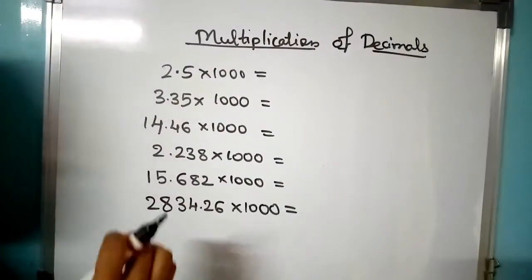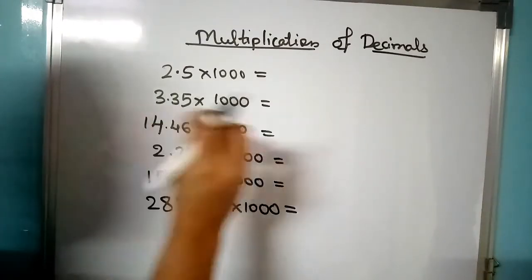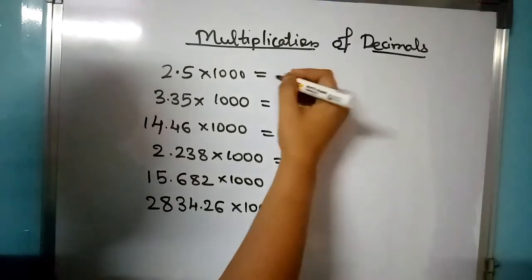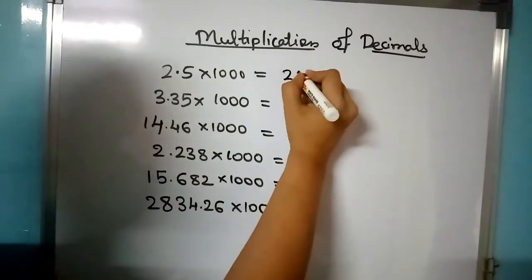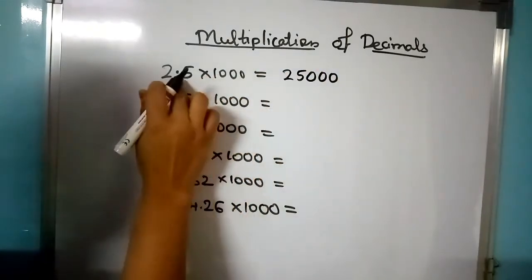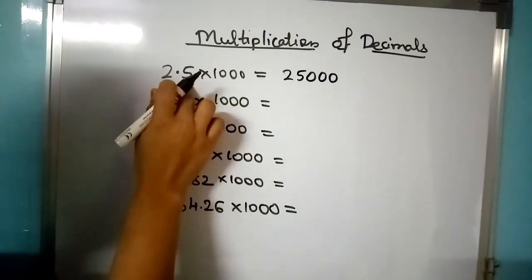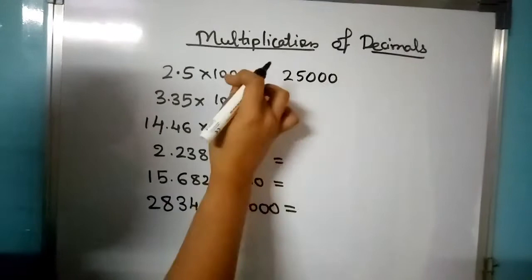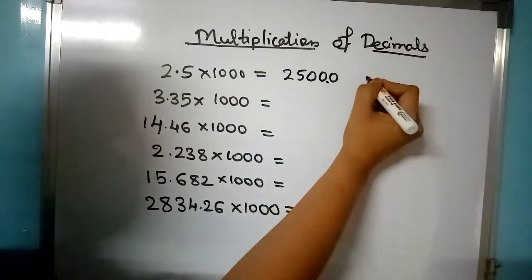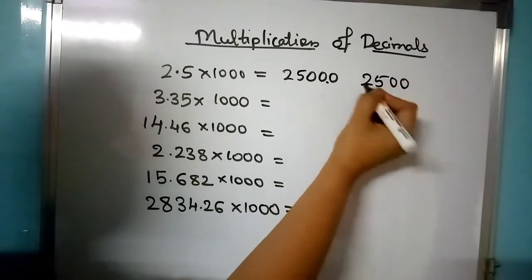Let's see now multiplication of decimals by 1000, and according to the method we have seen, we will just do it like 2, 5 and how many zeros? 1, 2, 3, and then decimal, and after that only one place. So from the right to the left we will leave one place and give the decimal, and so the answer is 2500.